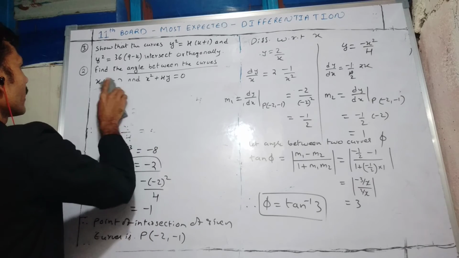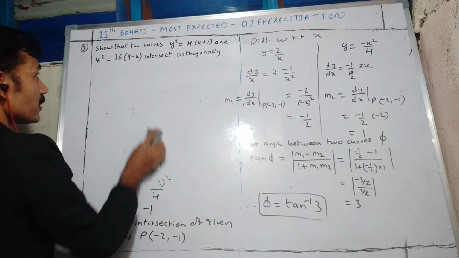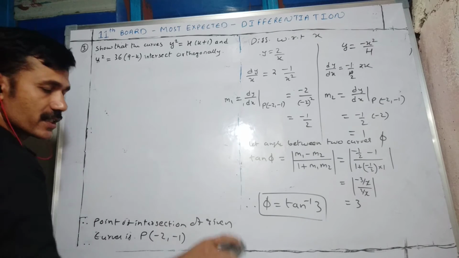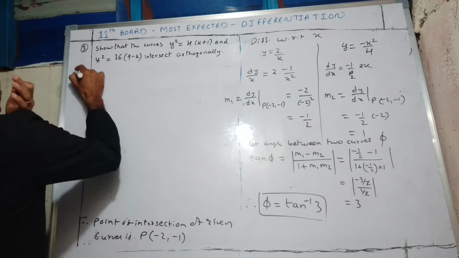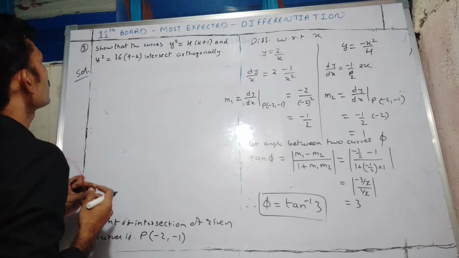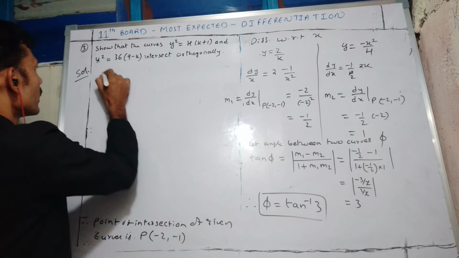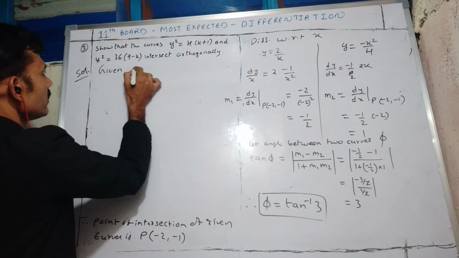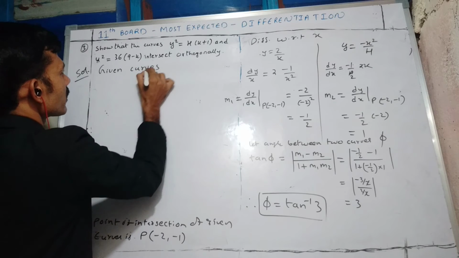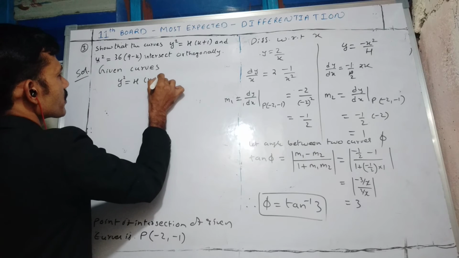See. First thing is we have to find the point of intersection. Okay. What is the point of intersection? Two curves are given. One is y square equal to 4 times (x plus 1).